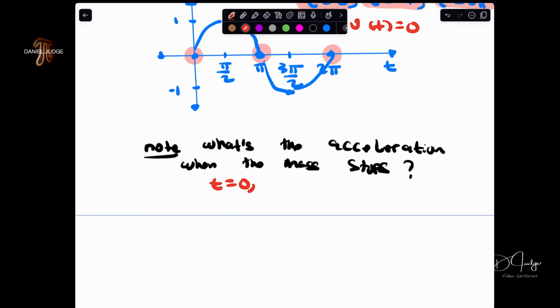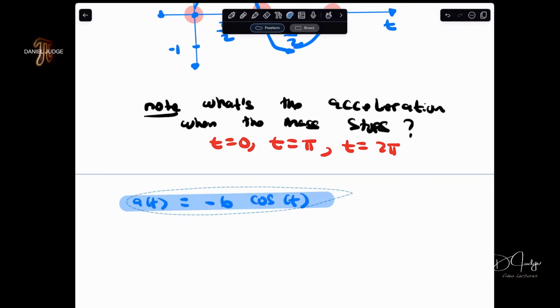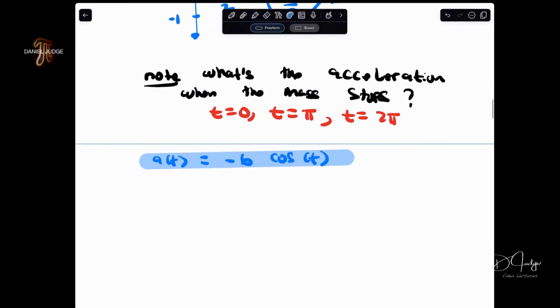T is 0, T is pi, and T is 2 pi. So we know that already. So let's find the acceleration for these values. They didn't ask that in the question, but it is popular to ask this. And I'll show you why.